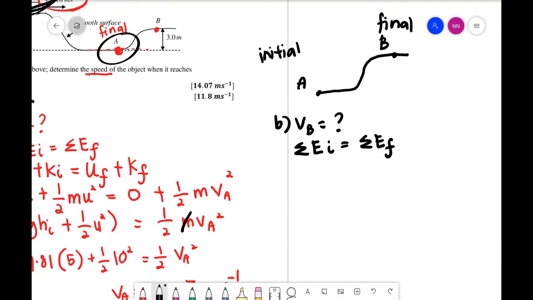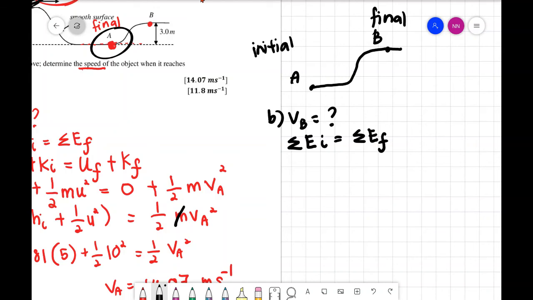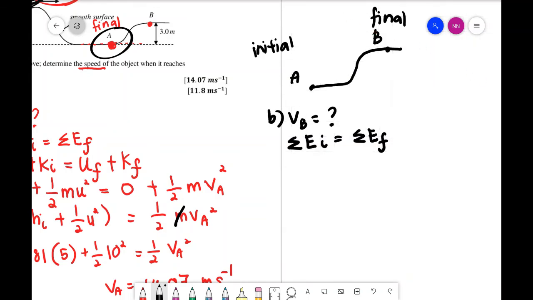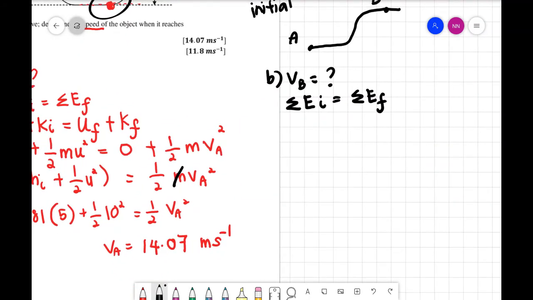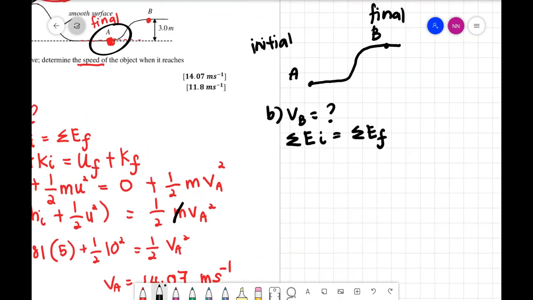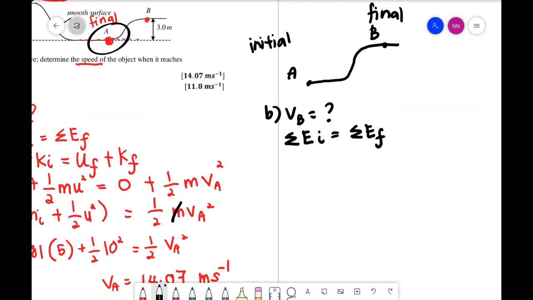Alright, you have to identify what kind of energy there is at the initial position. It is moving; we already calculated the speed at point A is 14.07, so it has kinetic energy. At point A it is at ground level, so it has no potential energy.